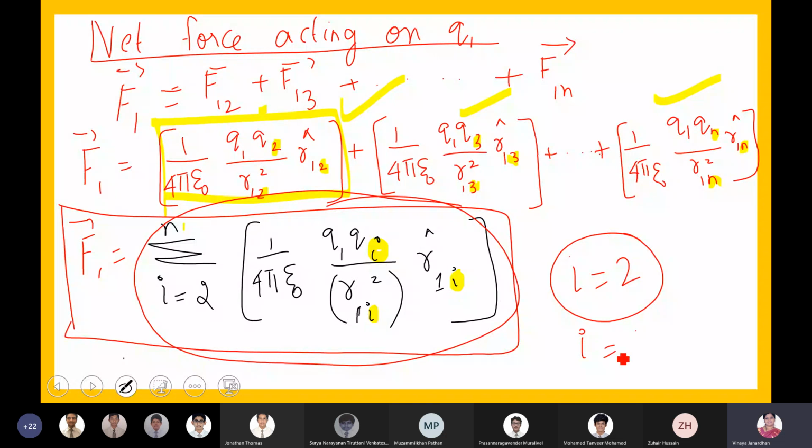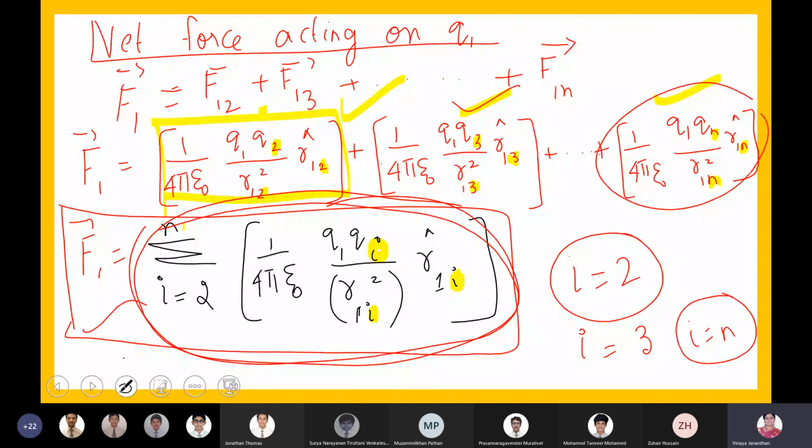When i takes the value 3, this entire final expression takes the value of the next term. Then when i is equal to n, it takes the value of the last term. So your summation means you're adding all these terms. That is what it means in mathematics. Have you learned this?